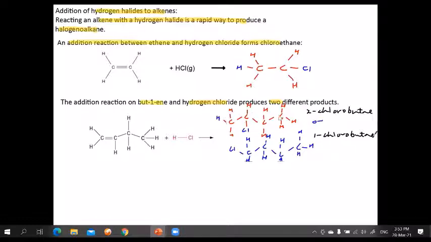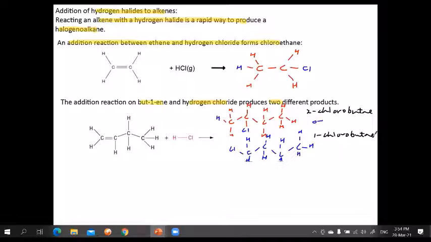In this one, the Cl is added to the second carbon and the hydrogen to the first carbon. In the other possible product, the Cl is added to the first carbon and the other hydrogen is added to the second carbon. Make sense? And so then they get two names, of course. One is 2-chlorobutane, the other one is 1-chlorobutane, okay? So that is a typical reaction when you add a hydrogen halide.